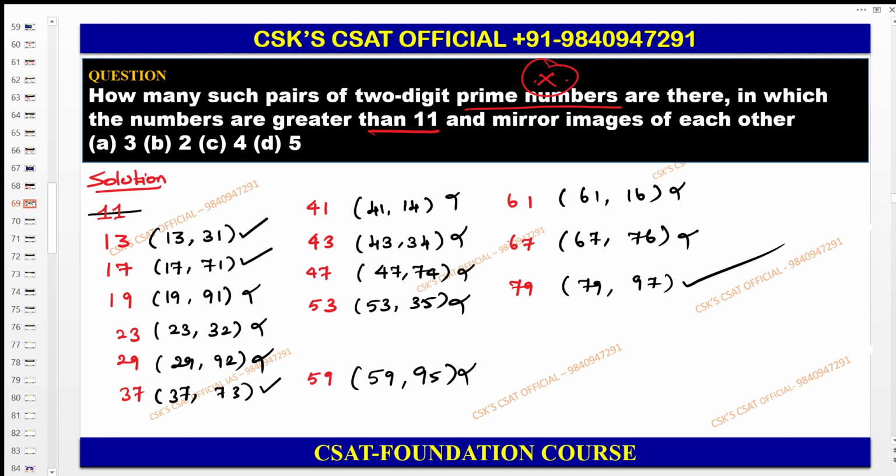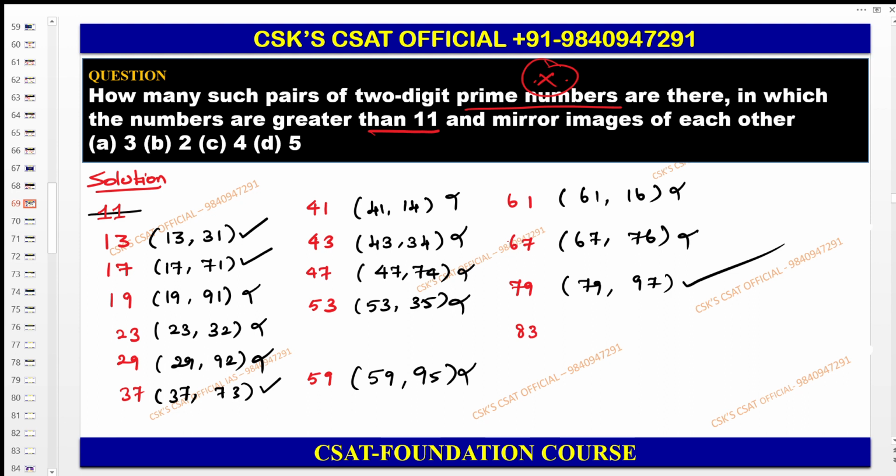Why is 91 not a prime number? 91 can be divisible by 13 as well as 7. So it is not a prime number. Okay, sir. Got it, sir. Thank you, sir. See, you can say further also.